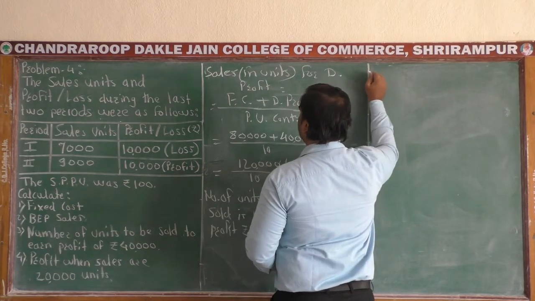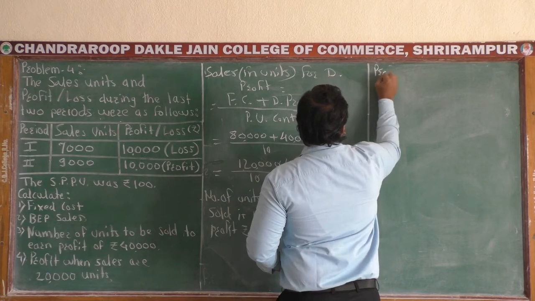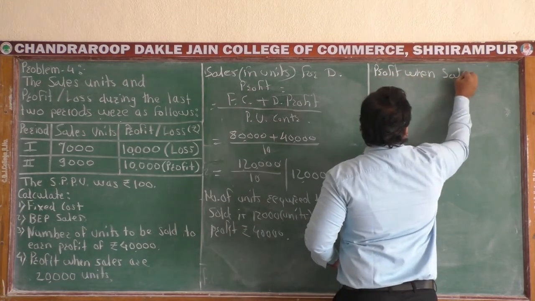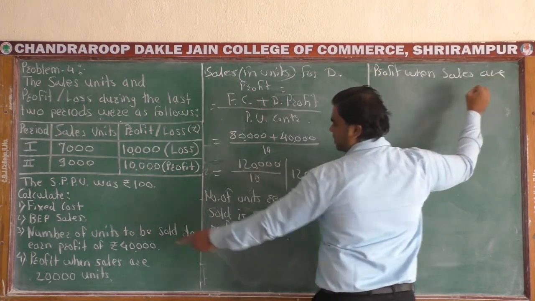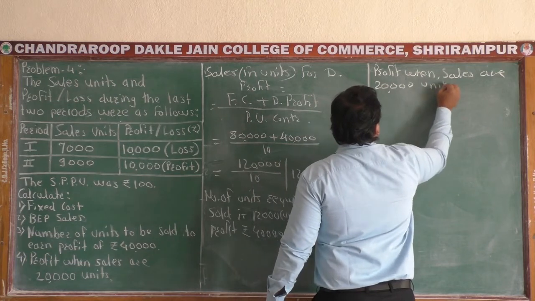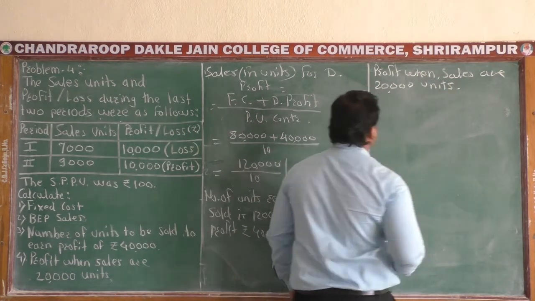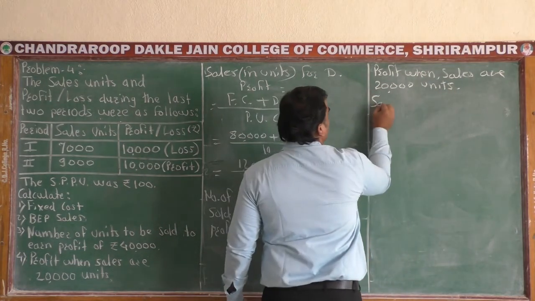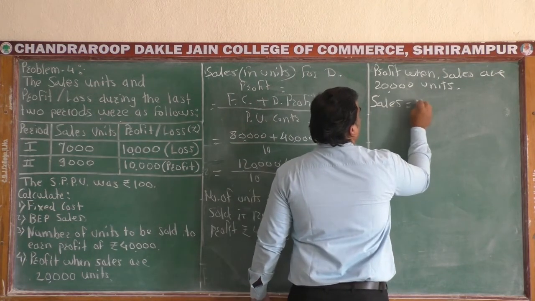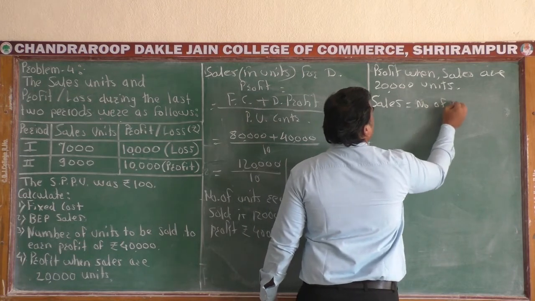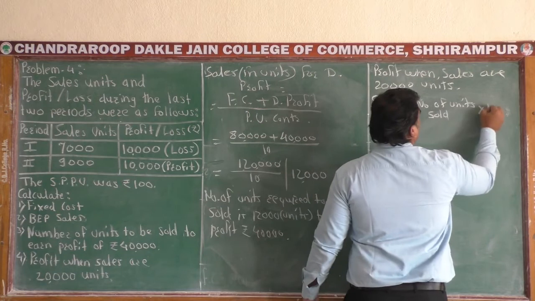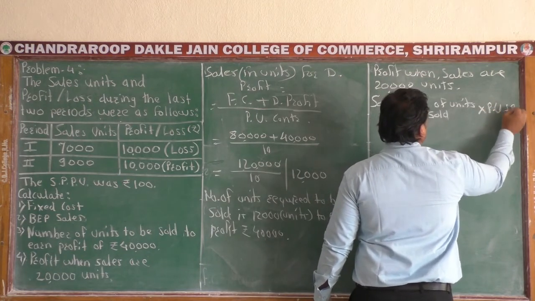Whenever the company sells 20,000 units, the amount of sales is equal to number of units sold into per unit selling price.